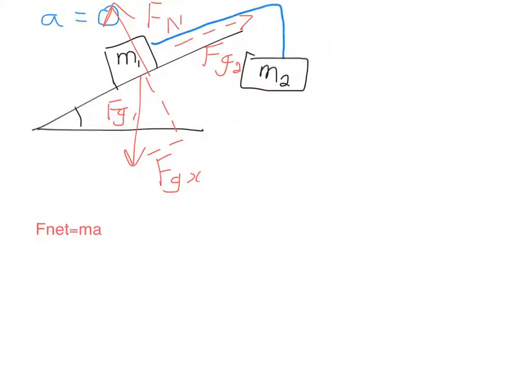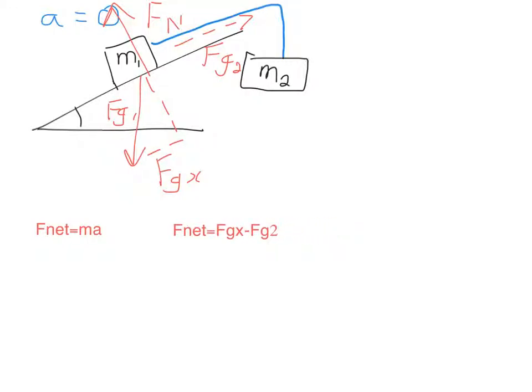And we've got F net equals FGX minus FG2.